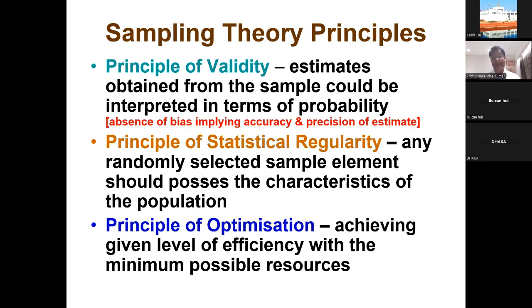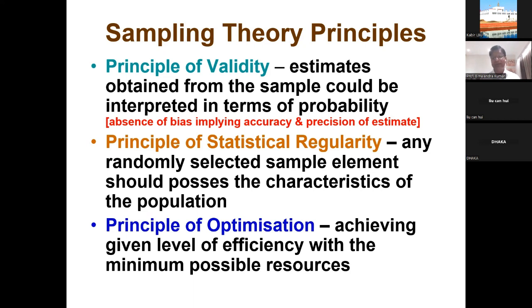The second is the principle of statistical regularity. Any randomly selected sample element should possess the characteristics of the population. Even if you go to the laboratory for a blood sample, or even for the sugar test, the samples are taken randomly.